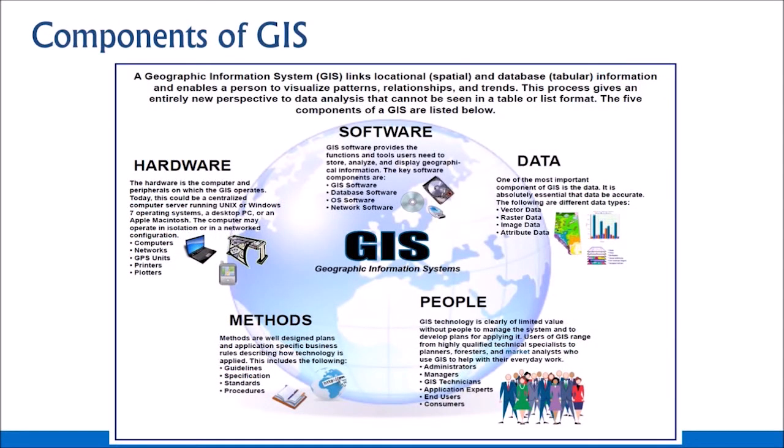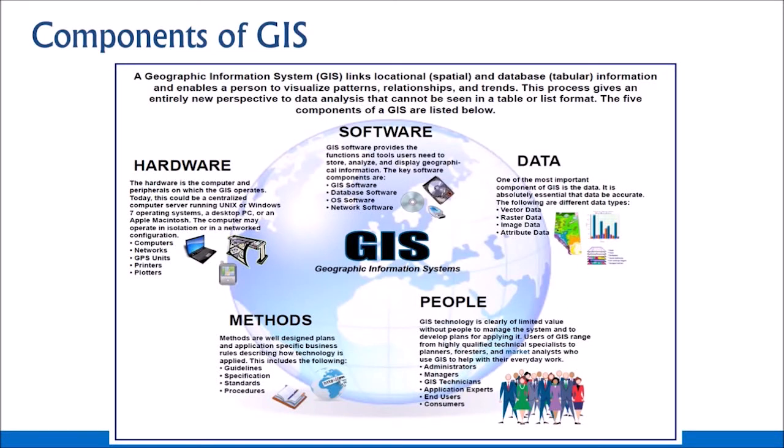As we've said a while ago, a GIS links your location and attribute information together and enables a person to visualize patterns, relationships, and trends. This process gives an entirely new perspective to data analysis that cannot be seen in a table or list format.